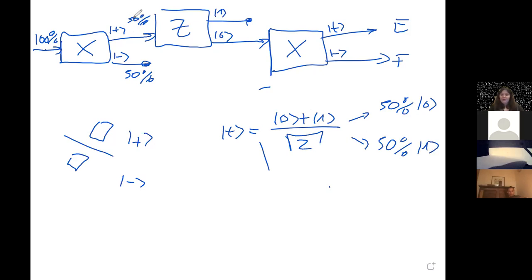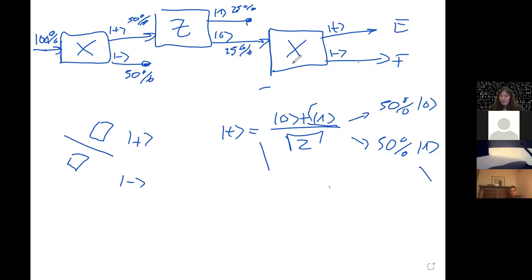Here we put in 50% of our initial electrons, so we get 25% here and 25% here, because 50% of this plus are 1 and 50% are 0. So after the second one, we have only 1/4 left.